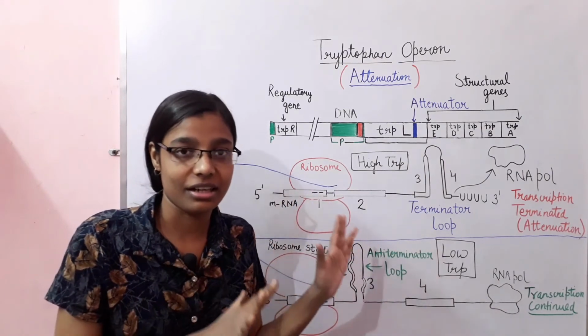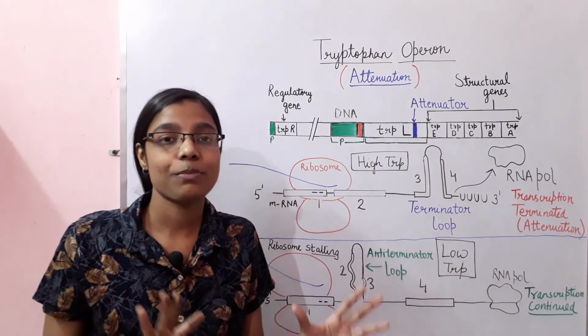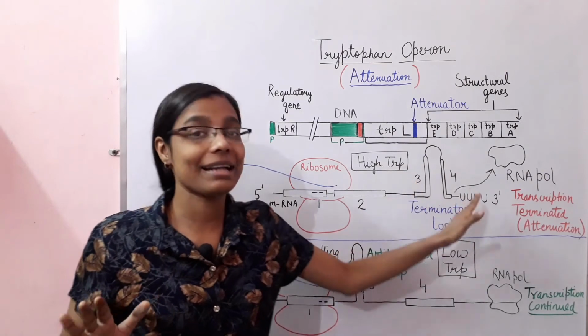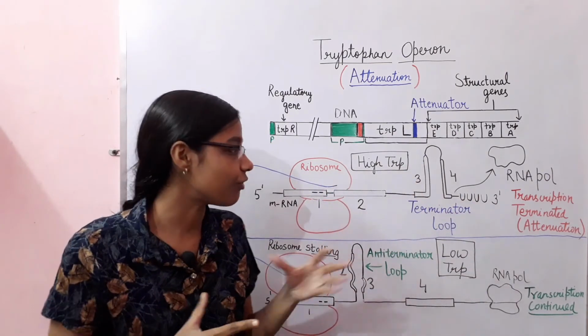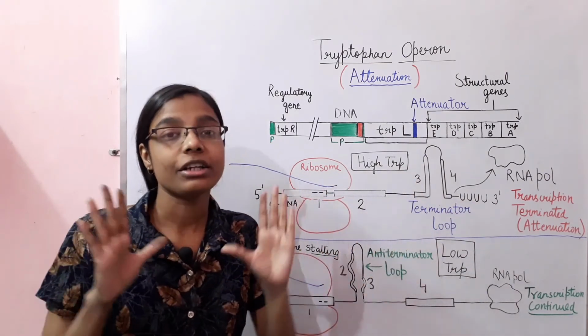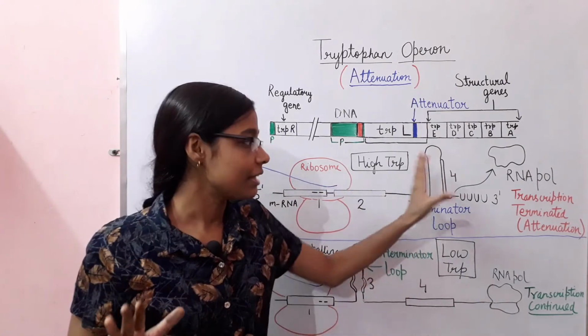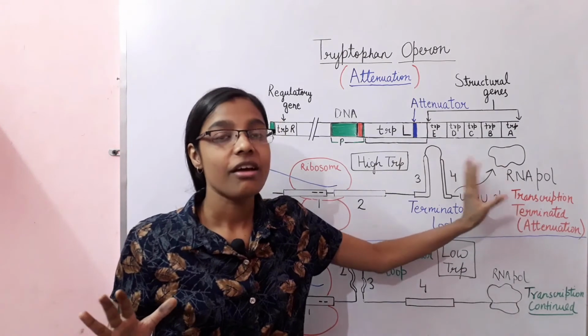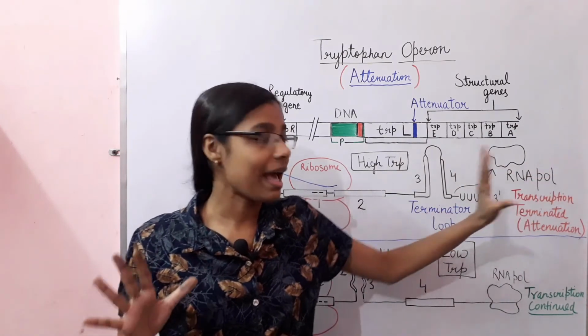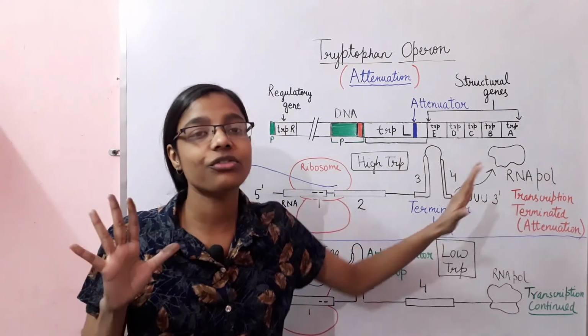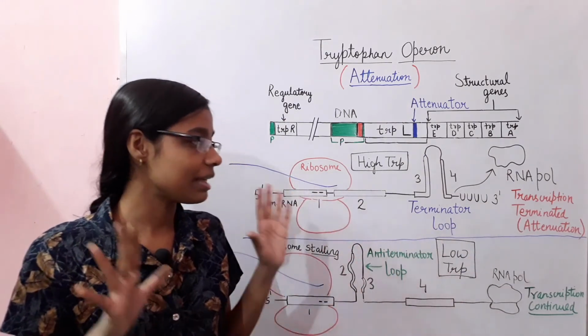As we have discussed earlier, whenever there is pairing between region 3 and region 4, there is formation of a terminator loop, due to which transcription gets inhibited. The RNA polymerase will dissociate from this region and ultimately transcription gets terminated.